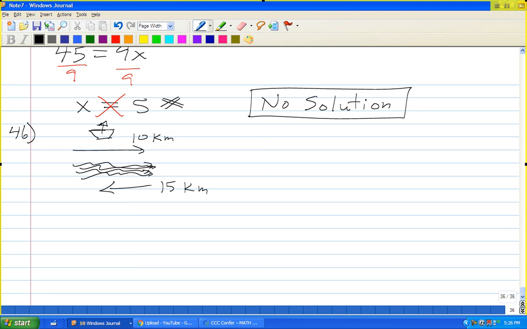Okay. If the rate of the current is 7 kilometers per hour, find the rate of the boat in still water.